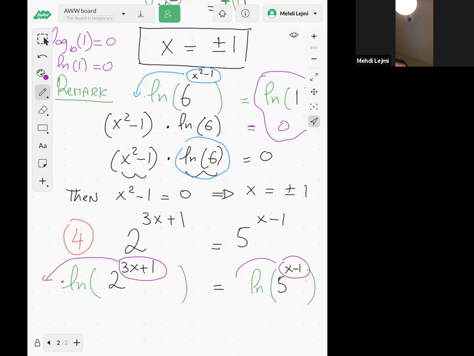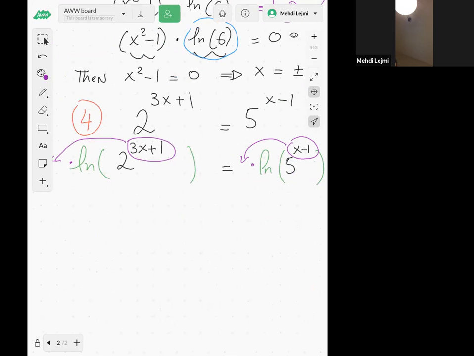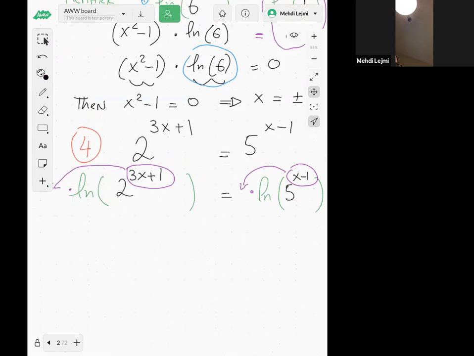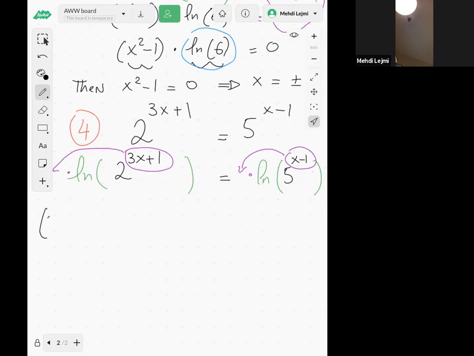So there'll be 3x plus 1 times the natural log of 2, equal to, here bring down this x minus 1, times the natural log of 5.